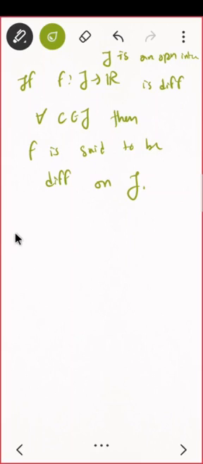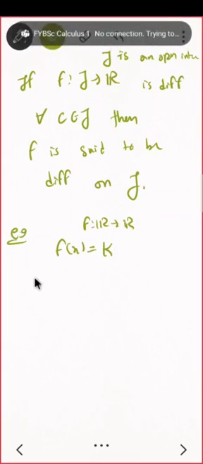So f of x equal to k, how do you check whether it is differentiable or not? K is any fixed point, f from R to R, f of x equal to k. So how will you say? You would like to check differentiability of that.